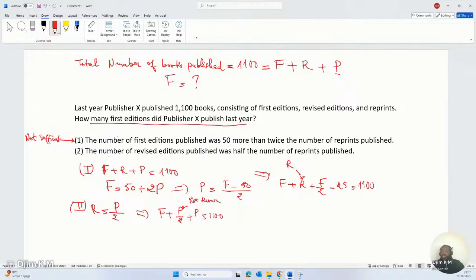So this second condition alone is not sufficient.